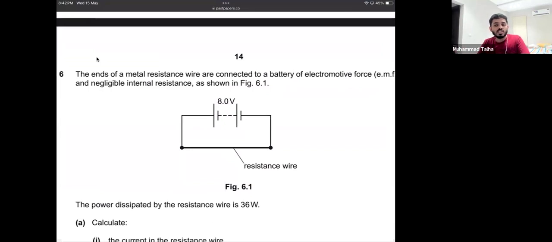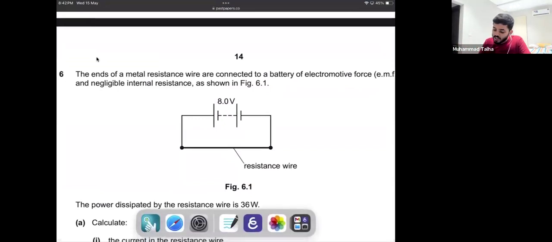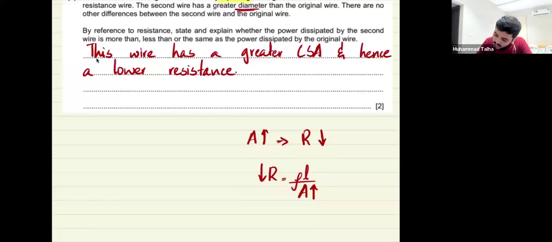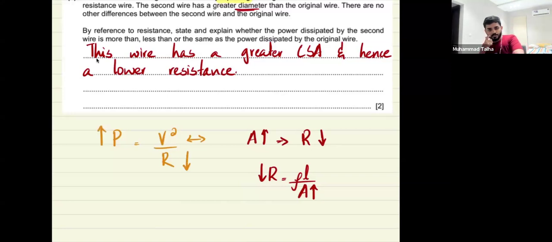Current is going to change compared to what it was previously because the resistance changes, but the voltage is going to be the same. So if I use P equals V squared over R, the voltage is the same, it did not change, but resistance was less, so power dissipated would be more.